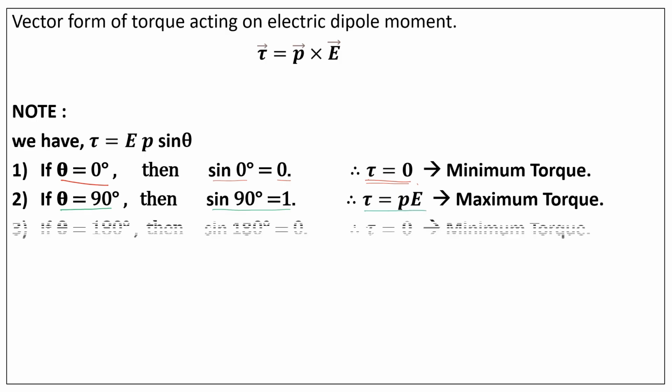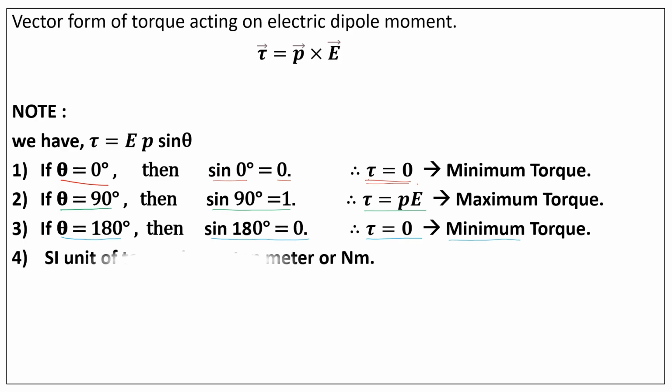Therefore, τ is equal to EP. That is, torque acting on electric dipole is maximum. 3. If theta is equal to 180 degree, then sin theta is equal to 0. Therefore, τ is equal to 0. That is, torque acting on electric dipole is minimum.